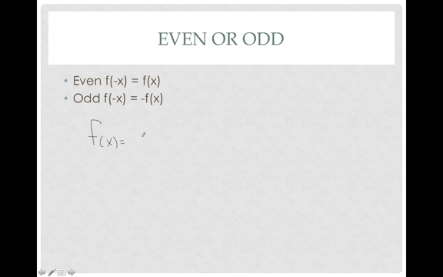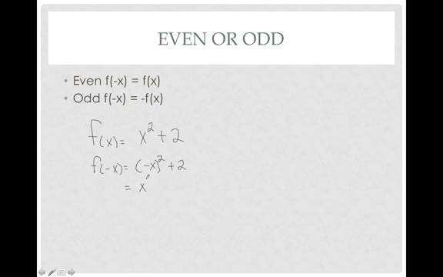So I'm going to say we have the function f of x equals x squared plus 2. In order to determine if it's even or odd algebraically, we need to do f of the opposite of x. So I'm going to plug in negative x, I'm going to square it, and I'm going to add 2. Well, if I square a negative x, I get positive, right?